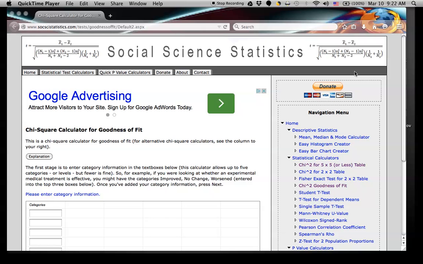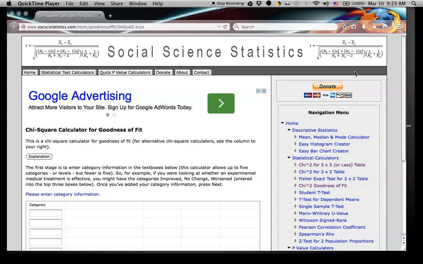We have 3 levels of education, which is no college, some college, and a college degree. And the question of interest is whether the number of respondents is equally distributed across all levels of education. Well, if they really were equally distributed, then we'd have the same frequency for each of those 3 categories.